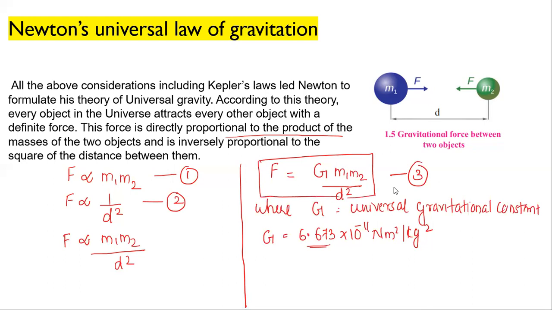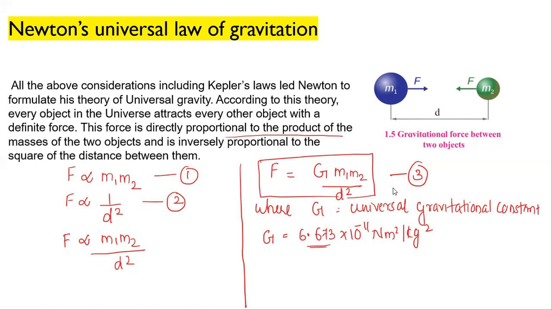F is equal to G m1 m2 upon R square. Now see, F is directly proportional to the product of the masses and inversely proportional to the square of the distance. That means if the mass is doubled, the force will also double.